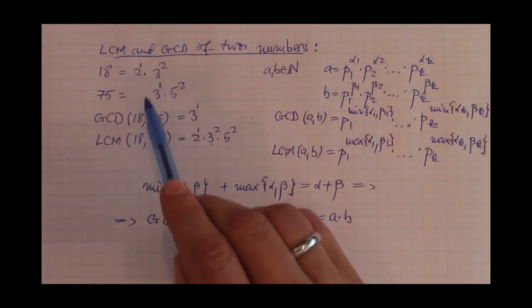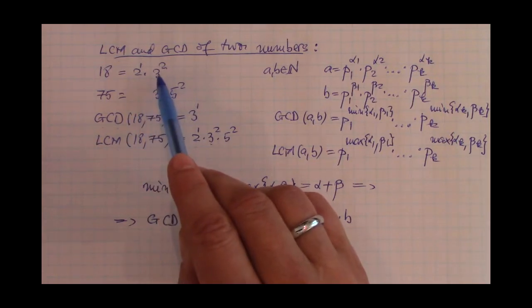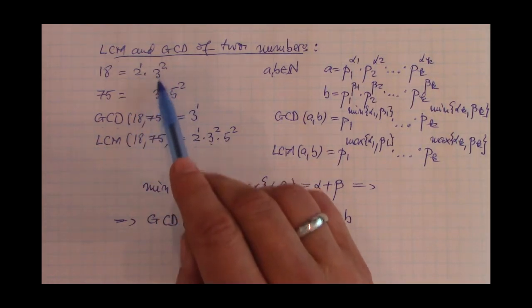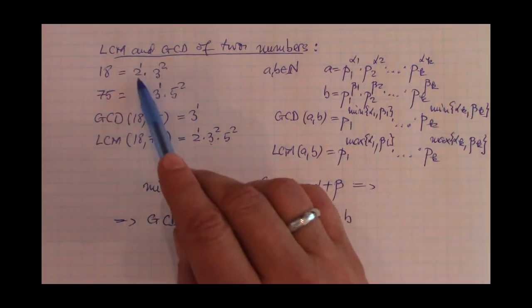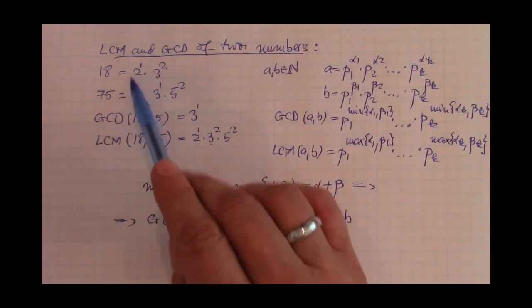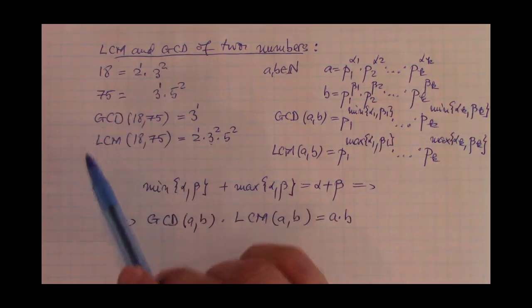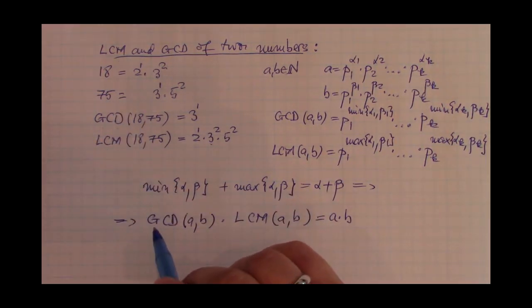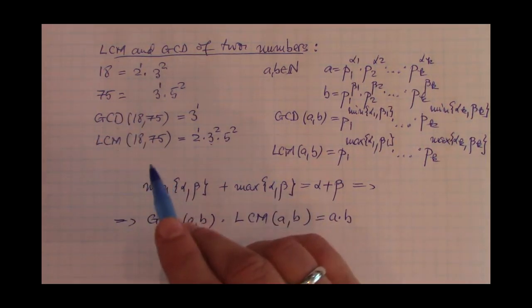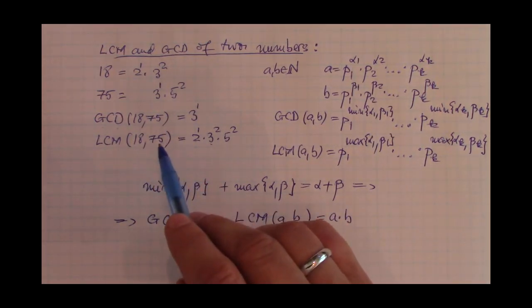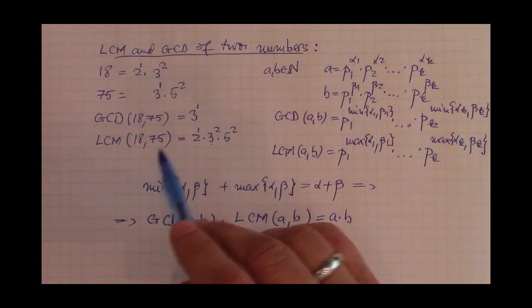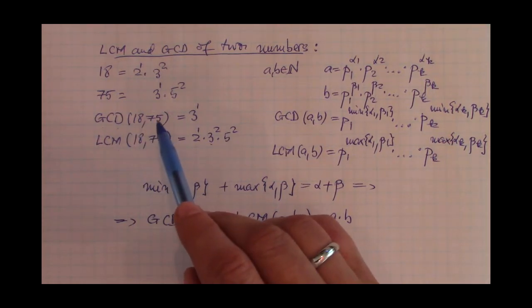The first problem is that some prime factors, like 3 in this case, appear in both numbers, 18 and 75, while others don't. So 2 appears only in 18, and 5 appears only in the prime factor decomposition of 75. This is not a big problem now, but when we write things down for general numbers, it can turn into a problem. Luckily, this has an easy fix.